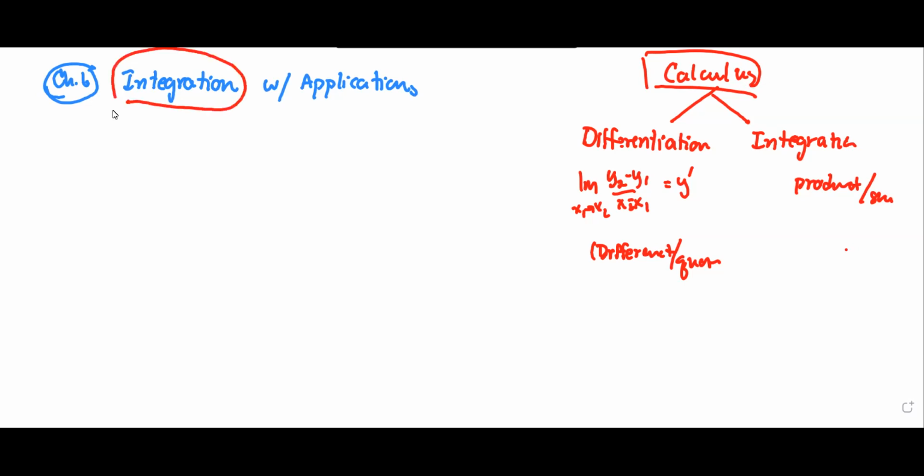Integration. Now what we're going to start with: another name for integration is the antiderivative. The term derivative, we have done many times, and with the prefix anti, that means the opposite operation.